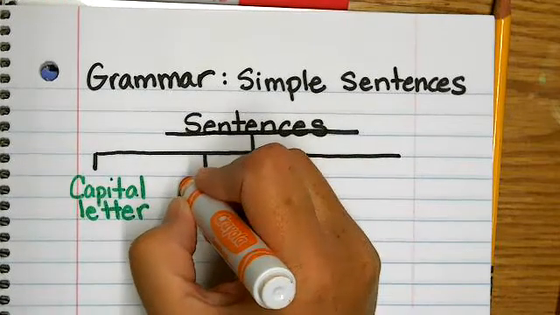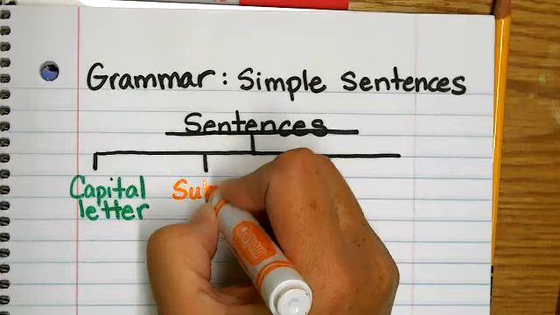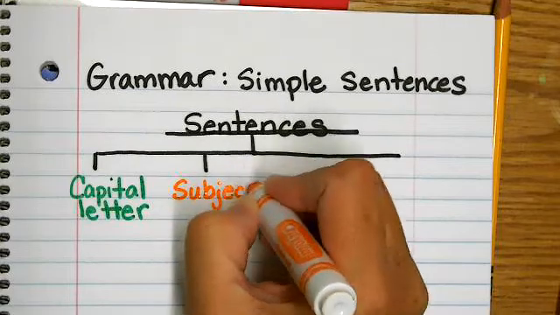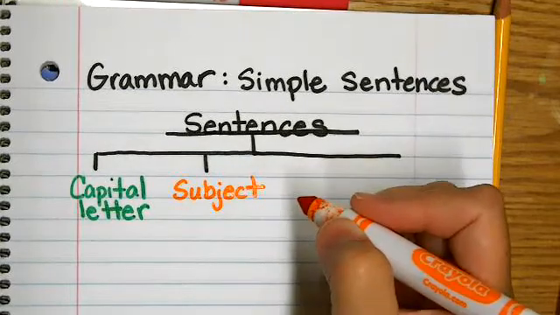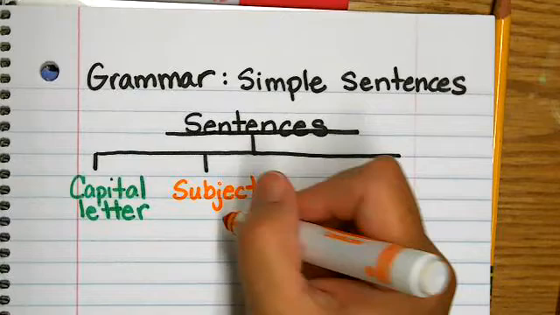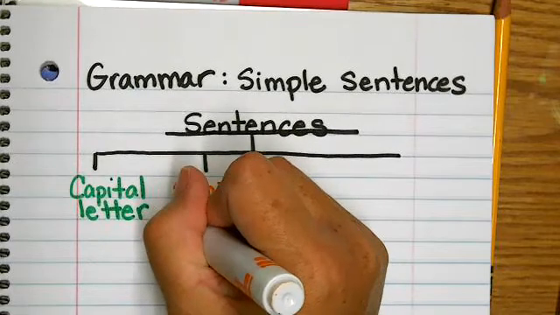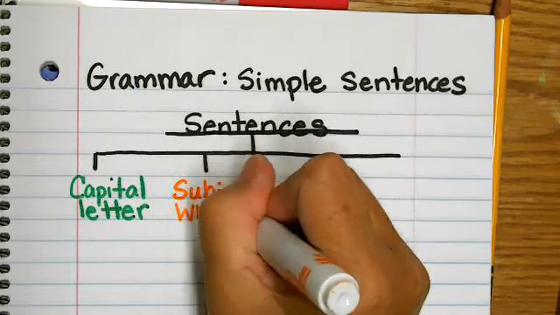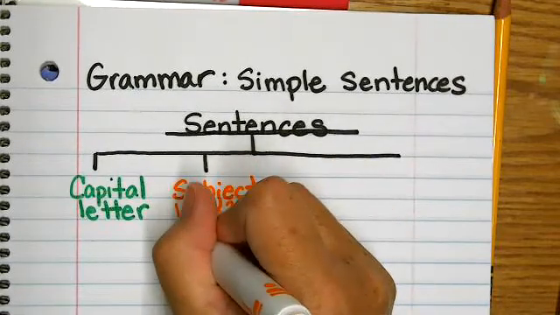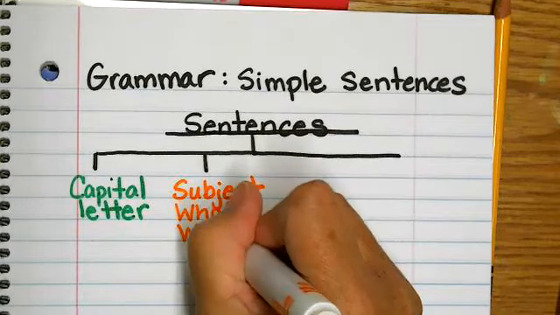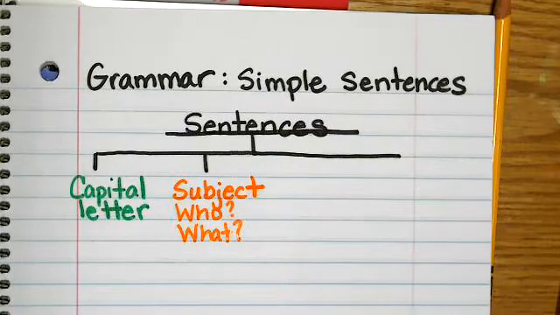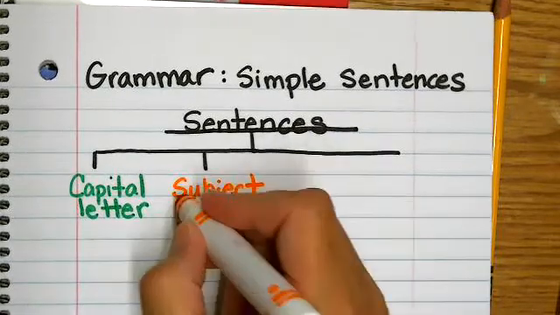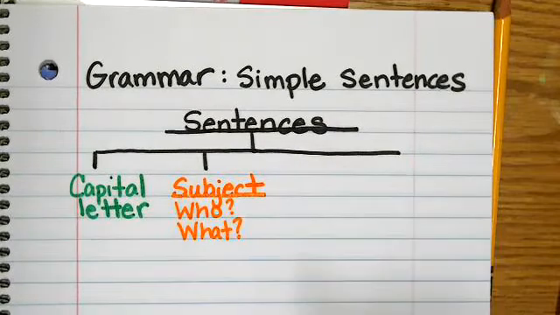So we're going to go ahead and write that down. Subject. The subject is the who or the what that the sentence is all about. So the subject is the who or the what. In second grade, you might have heard this called the naming part of the sentence.